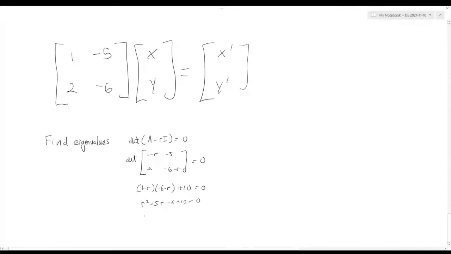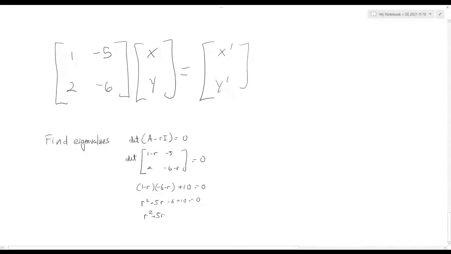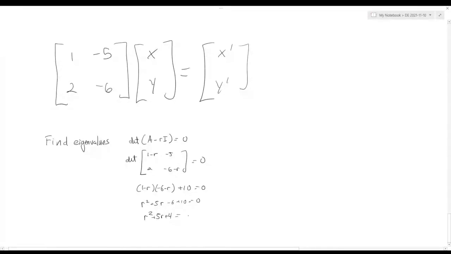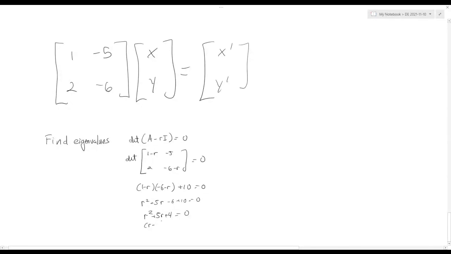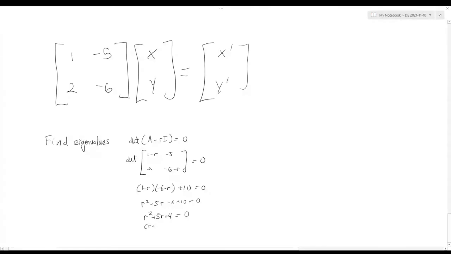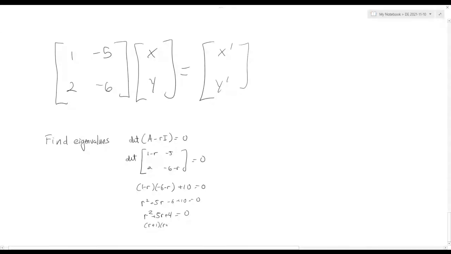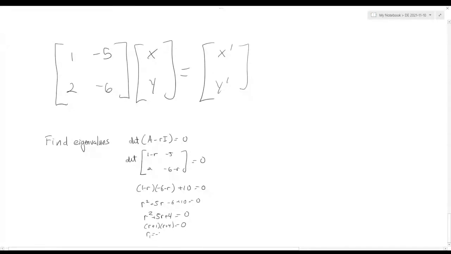All right, good. In any case, we can factor, and then we see that both our eigenvalues are real numbers. They're distinct and they're both negative.